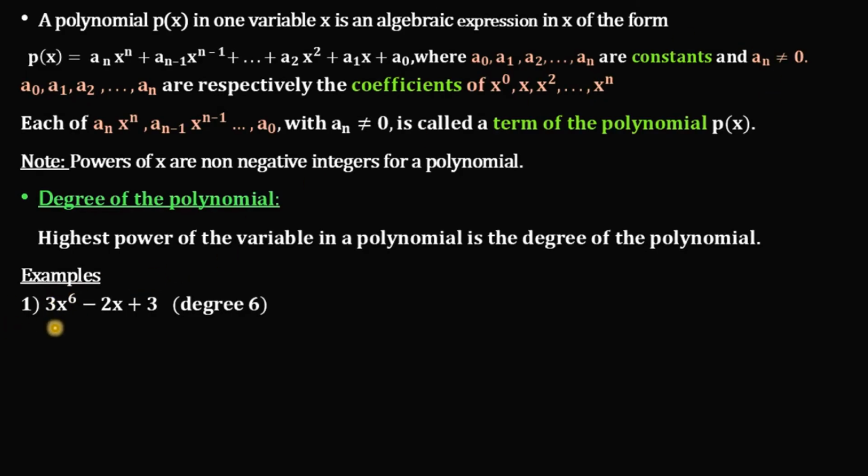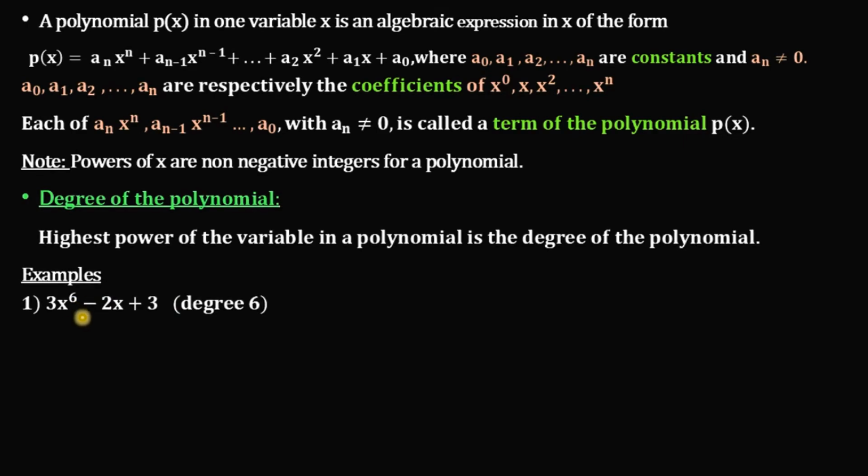Here a_n is not equal to 0. That is, at least one of these is not equal to 0 here. Also, all the powers are positive integers. So, this is a polynomial. What is the degree of this polynomial? That is the highest power of the variable. That is, what is the highest power here? 6. So, the degree is 6.